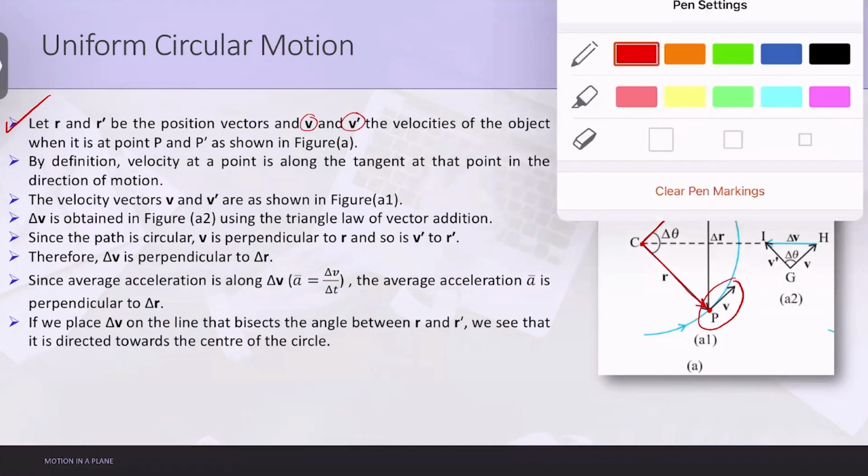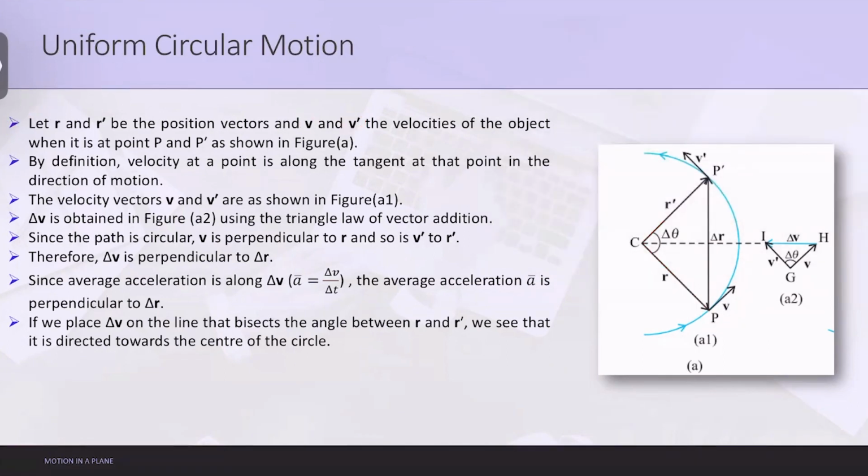Why is the direction of velocity only in this way? See, this is the path of the circular motion, correct?